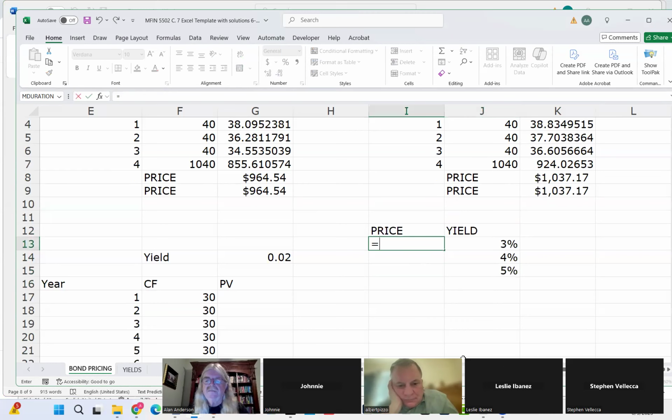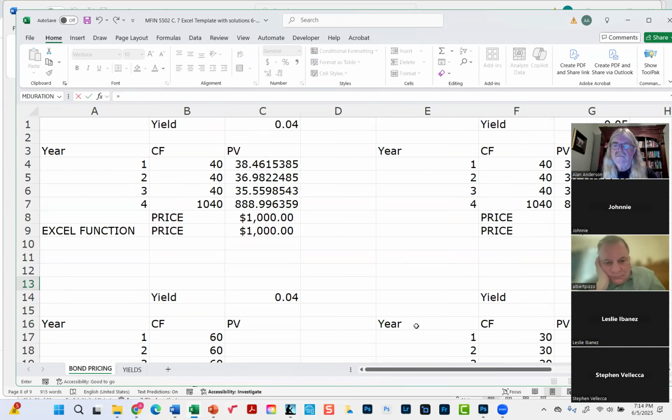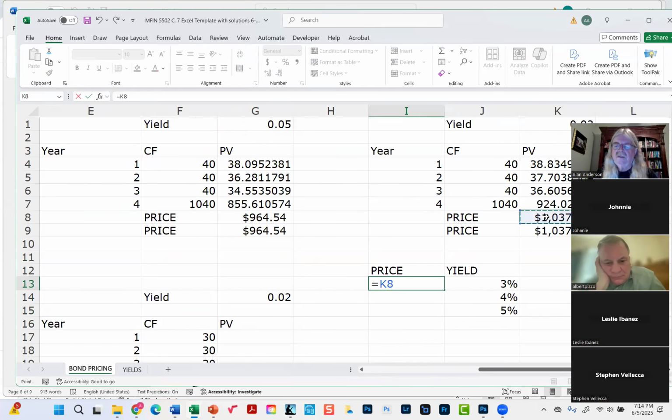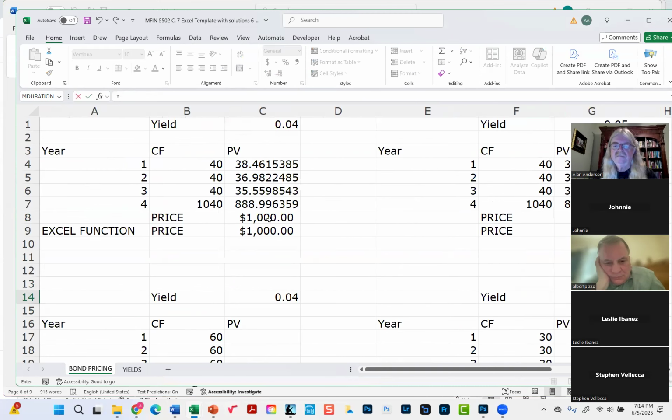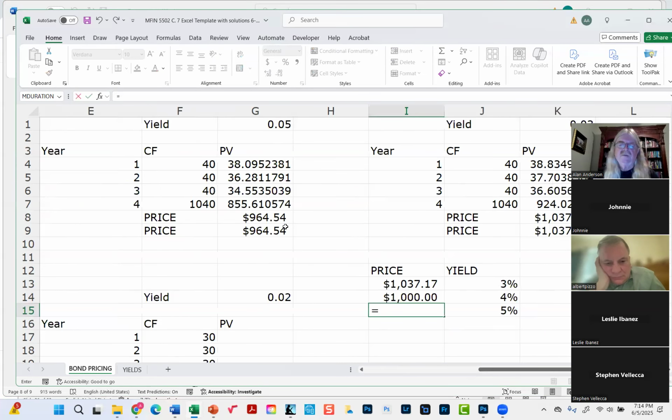So you can see it better. So 3 is this one. 4 is this one, way over on the left. And then 5 is this one.